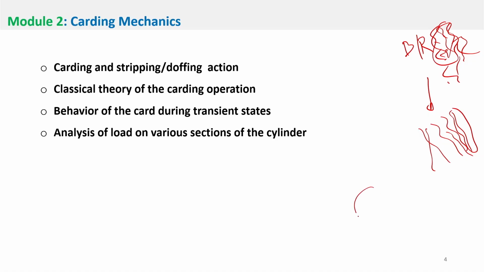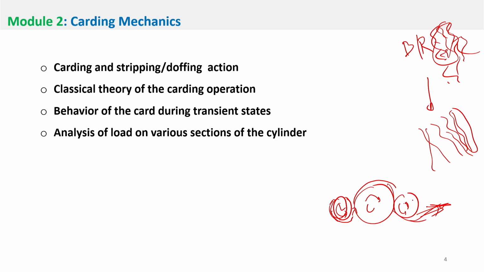This is a cylinder, here is the Licker-in, and here the doffer. Licker-in takes the fiber and gives it to the cylinder, and then the doffer, from which fibers are stripped in the form of web.